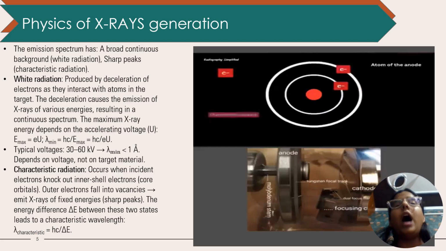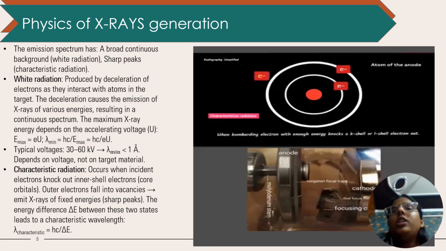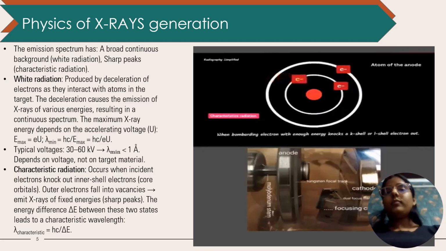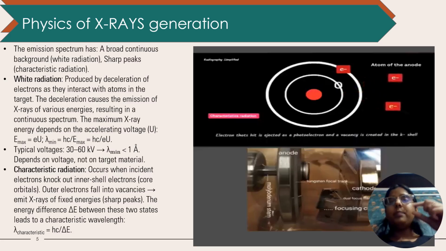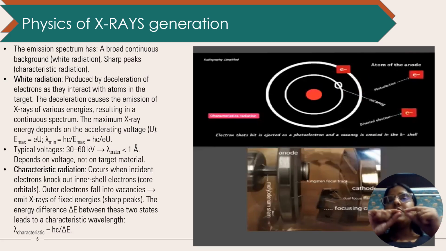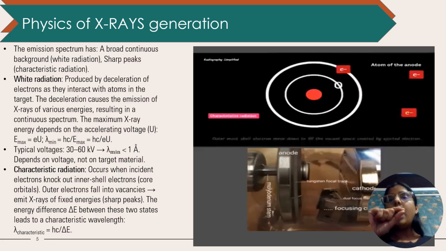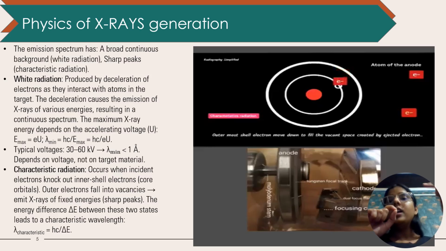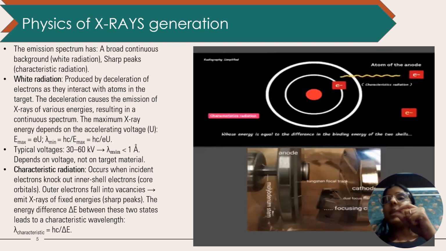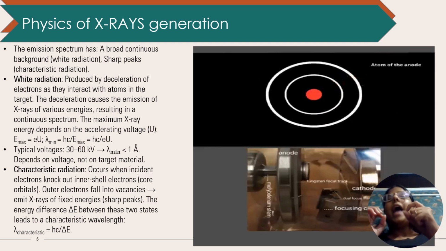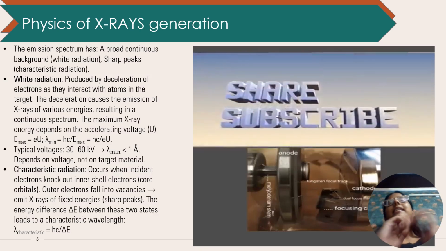Now, why are they sharp in nature? When the electron coming from the cathode collides with an inner shell electron, it is knocked out and a vacancy is generated. Then an electron from an outer shell comes into that vacancy, releasing energy because its energy is lowered, and this released energy is an X-ray.